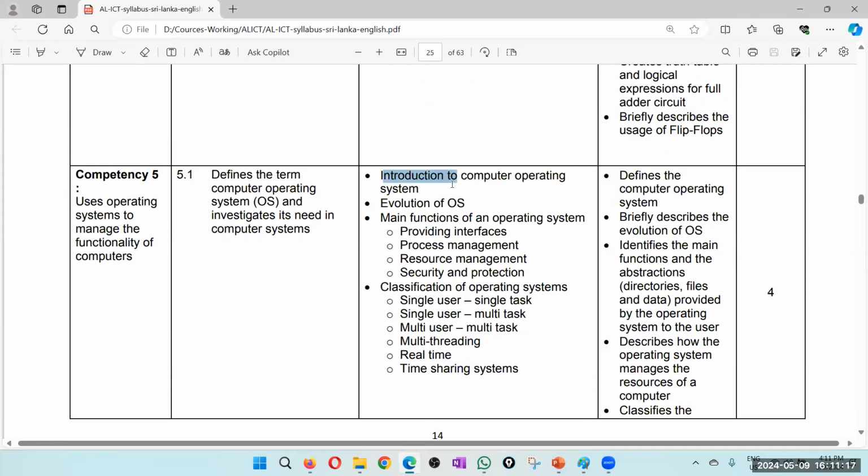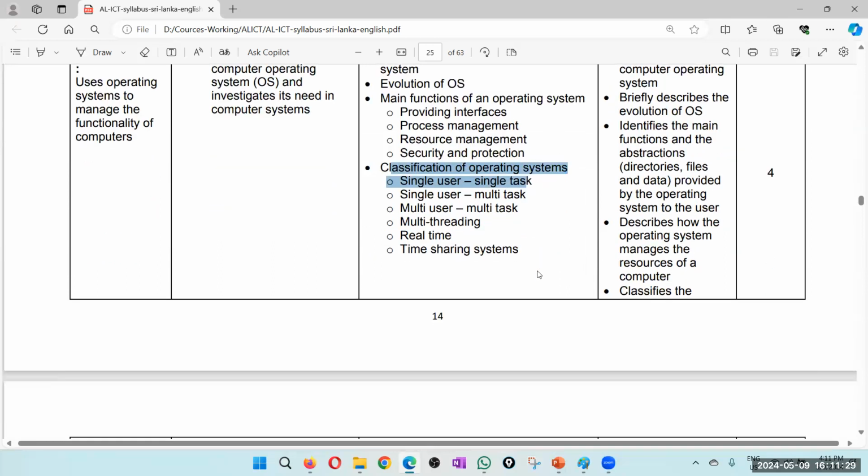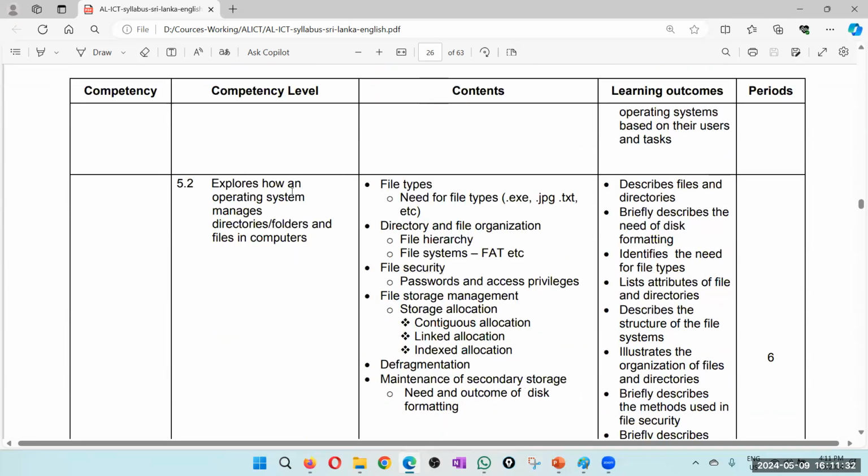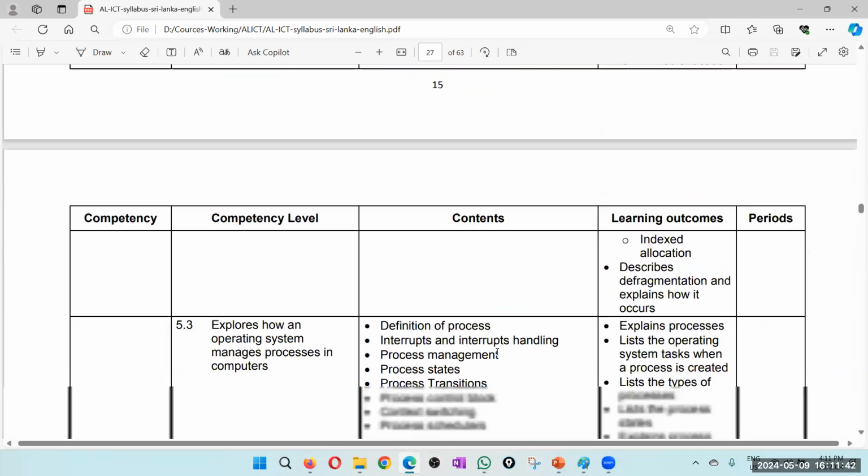So the syllabus covers introduction to computer operating systems, evolution of OS, main functions of an operating system, classification of operating systems like single user, single task, and so on. Then you have file management: file types, directory and file organizations, file systems, file security, and defragmentation.